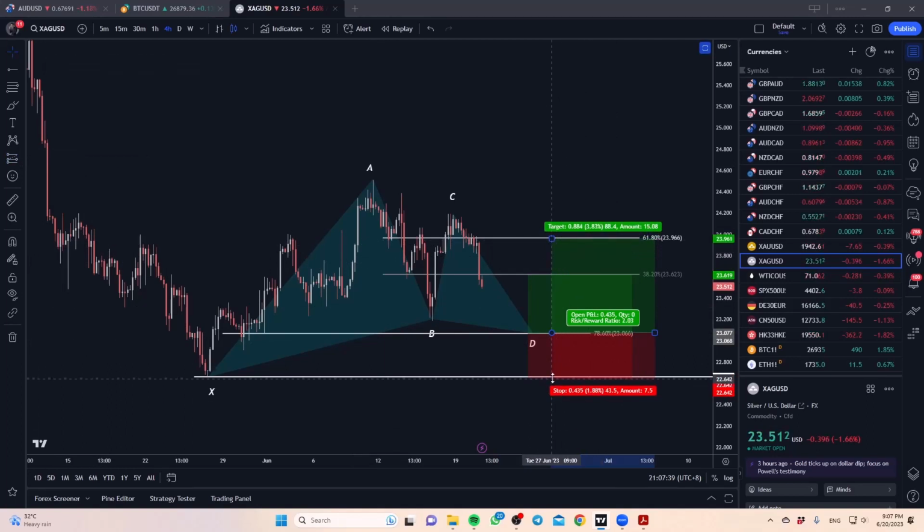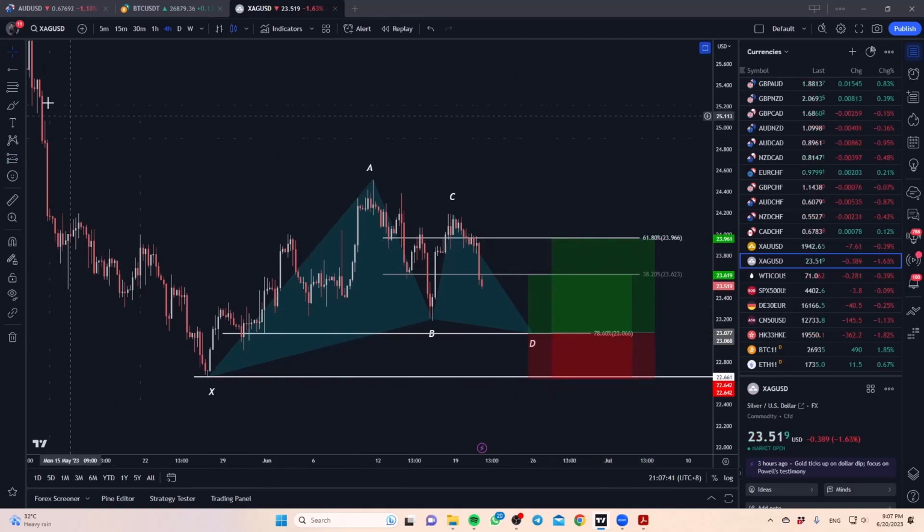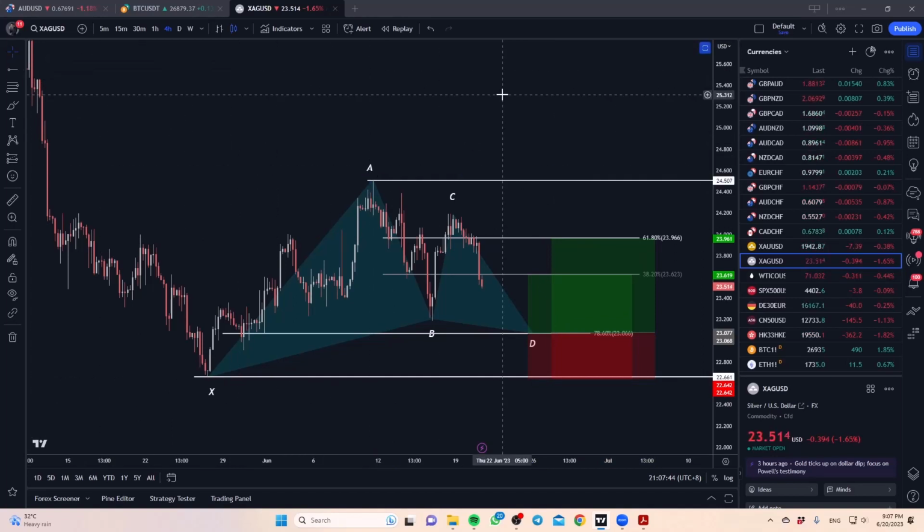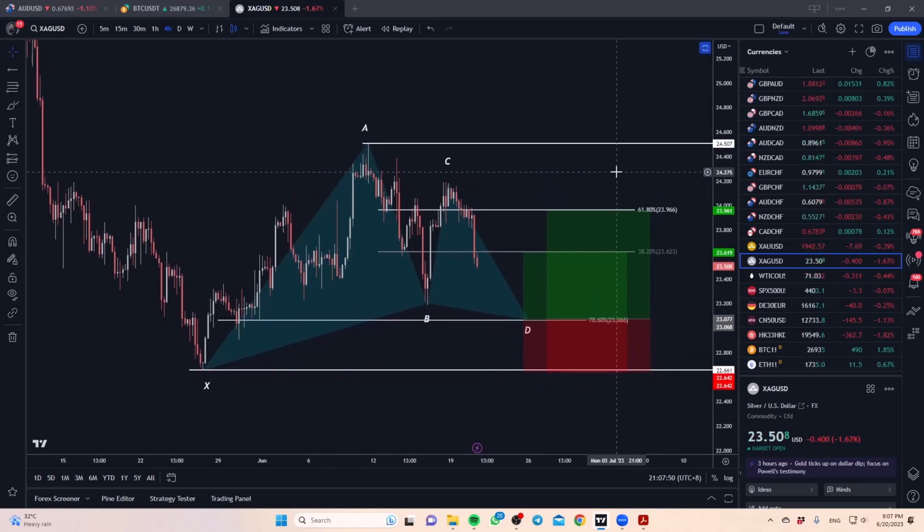If you want to go for more, of course, you can have TP3 at the top of the price. So that's the process that we use to identify a range-bound environment. We start looking out for harmonic patterns to develop, and then we have rule-based entry, stops, and targets.